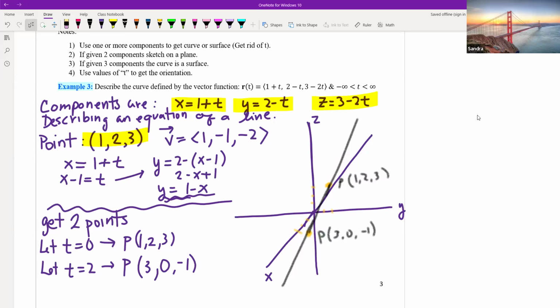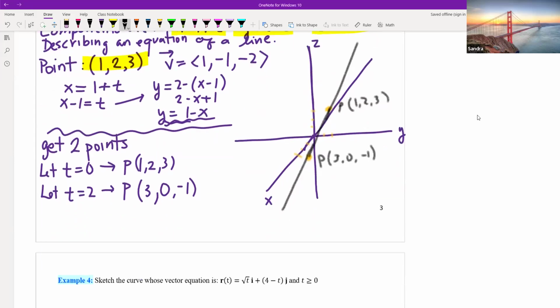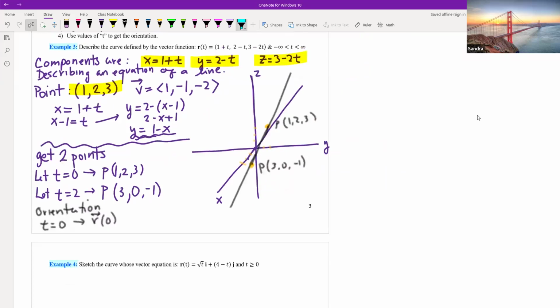Now what we care about is the orientation. I can still select the same values, t equals 0, but I'm going to put it into the vector function. When I put it into the vector function, you should be able to get the same ordered pair, but it's no longer an ordered pair, it will be a vector. Because if t is 0, this would give me a 1, this would give me a 2, this would give me a 3.